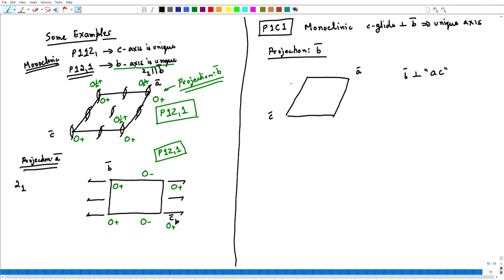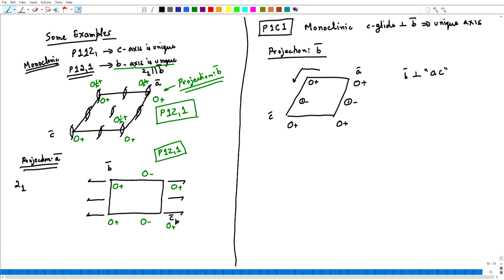So, it is a C glide, which means the glide translation is along C. Show it as a mirror and then put an arrow towards the direction of the translation. Then I can put motifs. The glide reflection will take it below, handedness gets changed and then translated by C by 2. Again it comes up, handedness changes and we can complete the diagram.